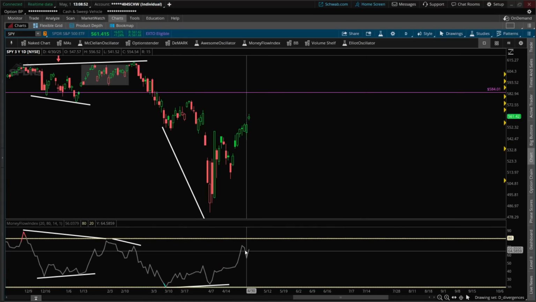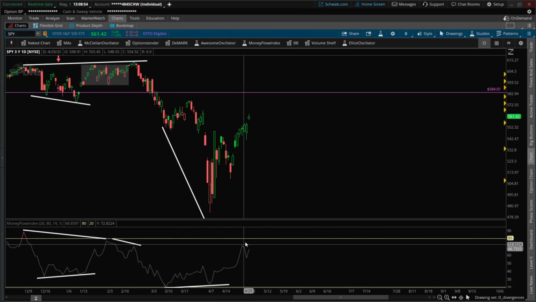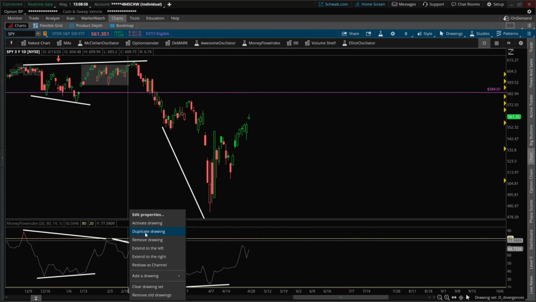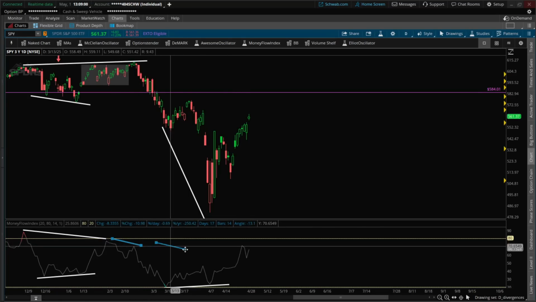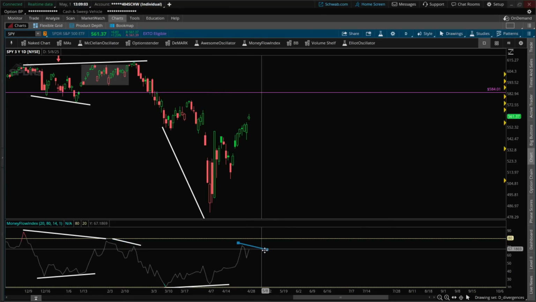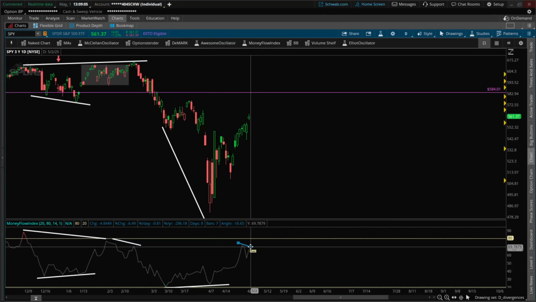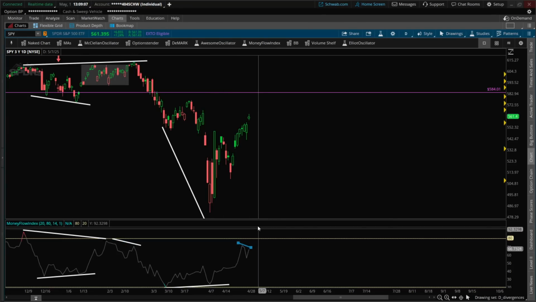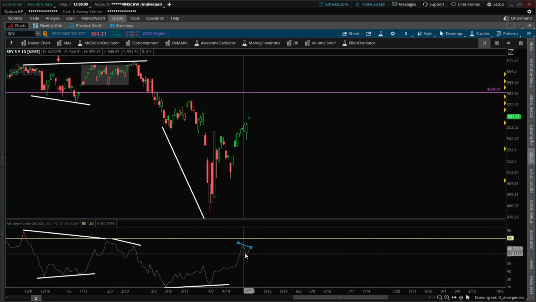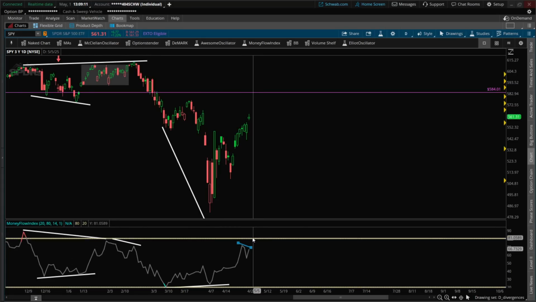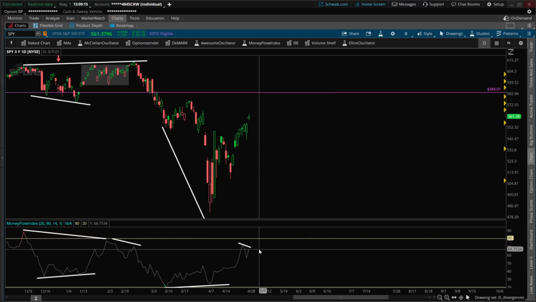I love this indicator. And even though we're not into the overbought territory, we still have negative divergence right here. Again, unless maybe with earnings, we have very positive earnings that could get us in that overbought situation. This could continue to oscillate higher. Now, it has to be with conviction and volume.